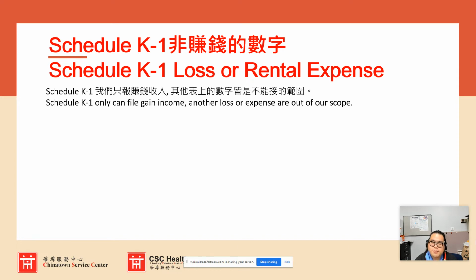But a lot of people come to us and say they have a loss and want to claim expenses. Sorry, if you are using Schedule K1 to claim your expenses and your loss, that is out of scope. So in scope and out of scope depends on their gain or loss. If gain, always okay. Loss, always not good.